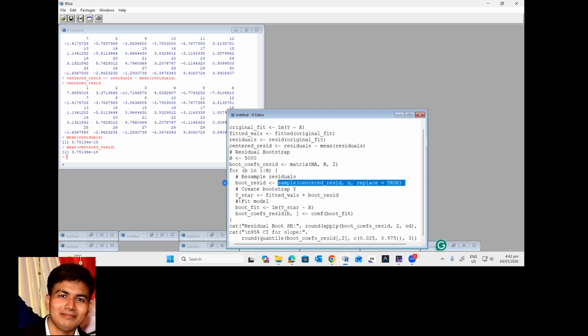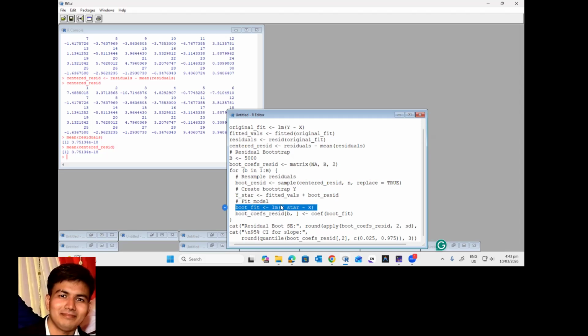This step assumes that the model, a linear model with intercept, is correct, and that the errors are IID. Okay, so after this we just go for the boot fit.